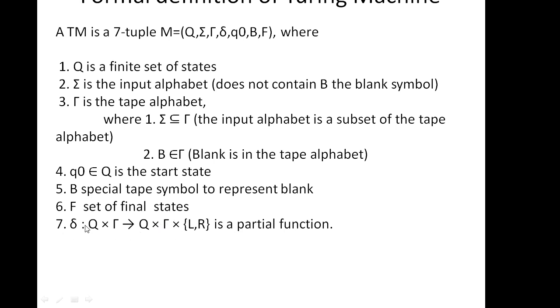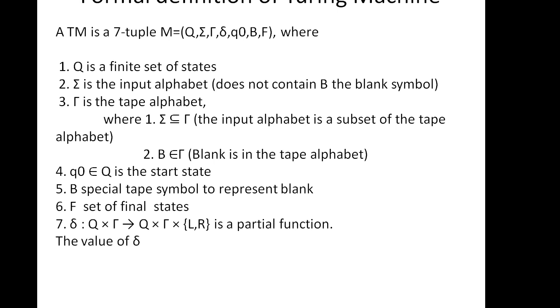So this is very important. From every state on every tape alphabet, you move to the same state or another state, you change the alphabet or keep it the same, and you move left or right. That is the main part of the Turing machine. So those are the 7 tuples through which you will define your Turing machine.